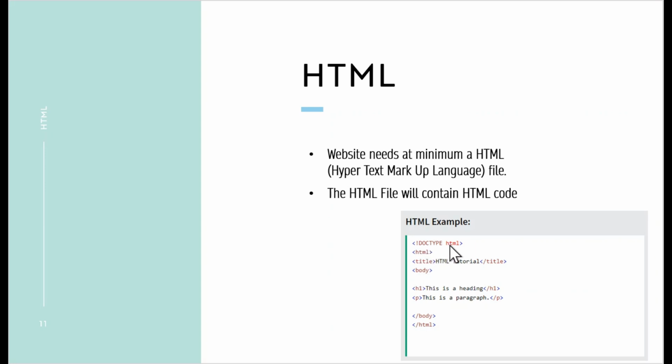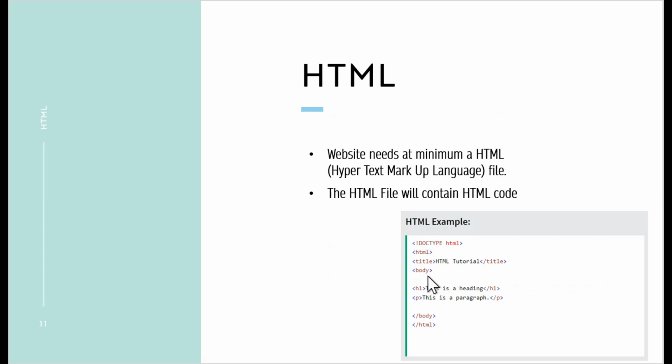This doctype element tells the browser that this is an HTML document. This HTML element, with an opening tag and a closing tag, tells you where the HTML code starts and where the HTML code ends. We have a title, HTML tutorial. This is what will show up in the thumbnail when you open up that page.